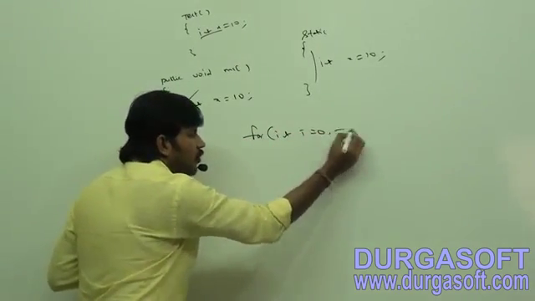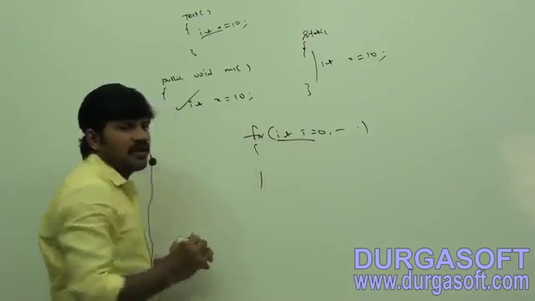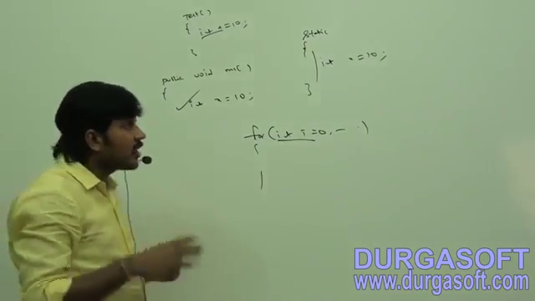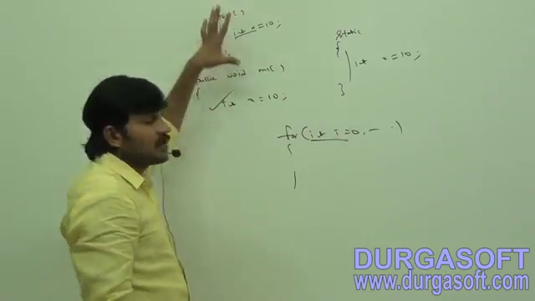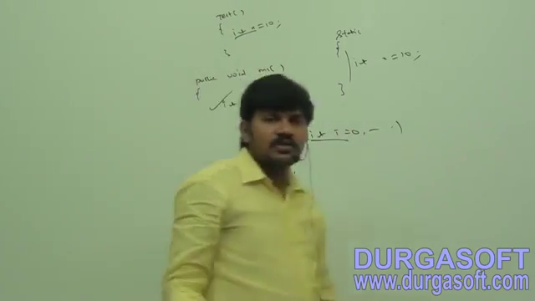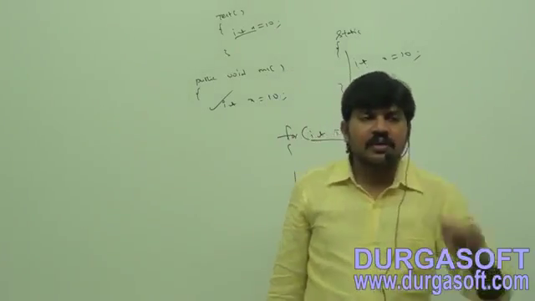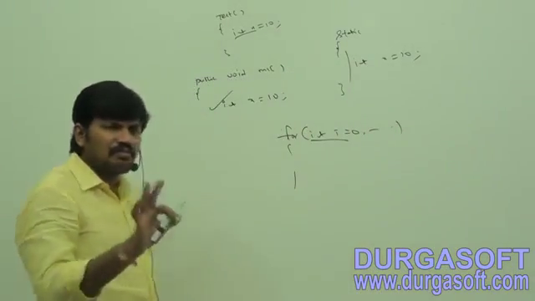The variables which are declared inside a method, inside a block or inside a constructor are called local variables, right? Can I say local variables are temporary variables?